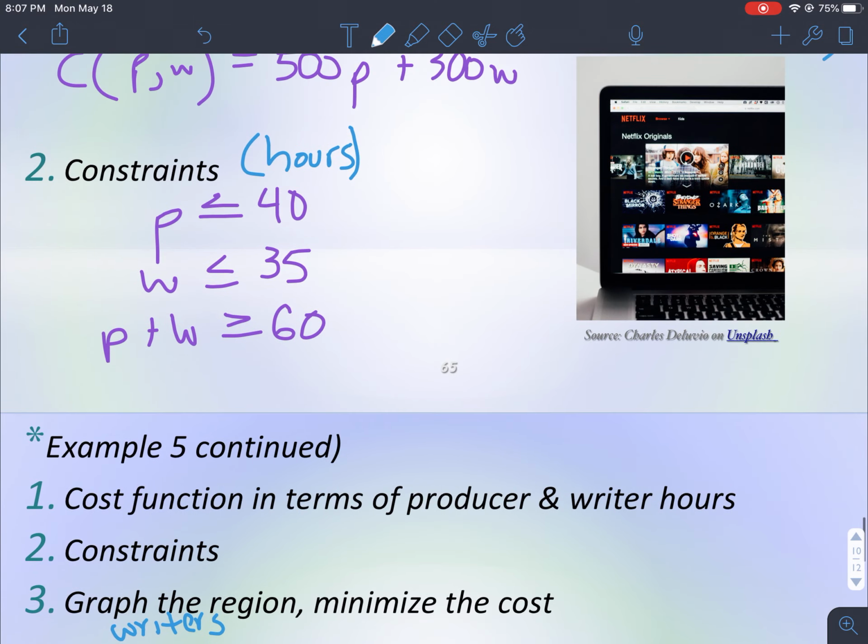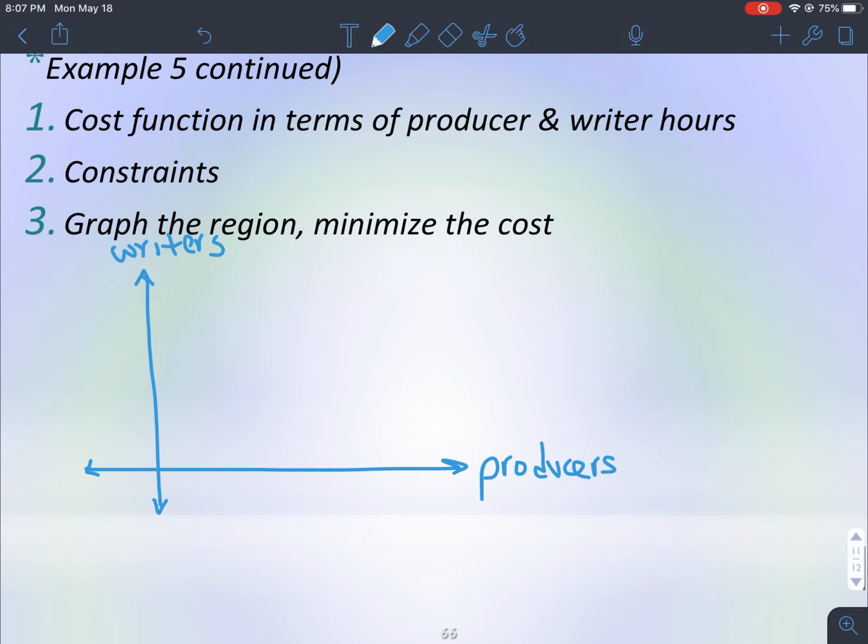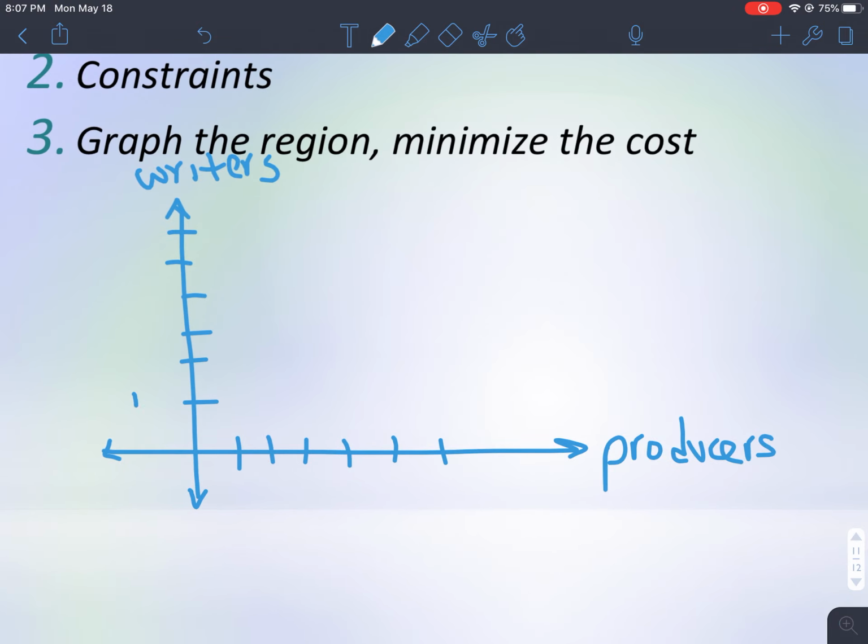Let's go by tens because of these constraints. So we'll say 1, 2, 3, 4, 5, 6. 1, 2, 3, 4, 5, 6. Let's label it really well.